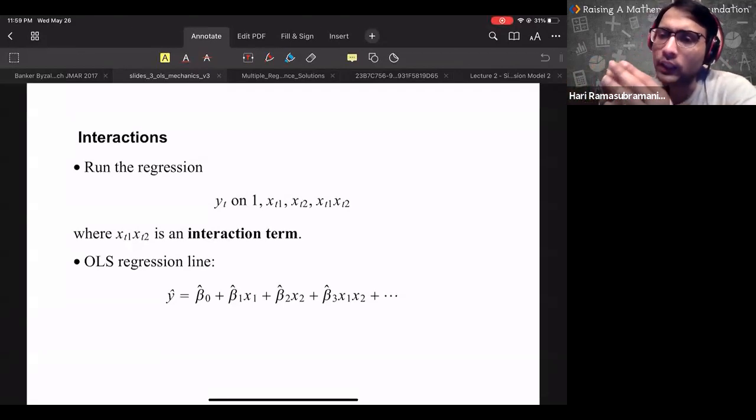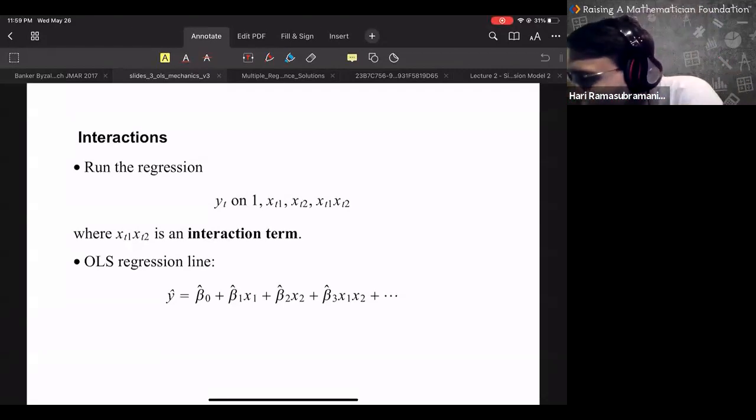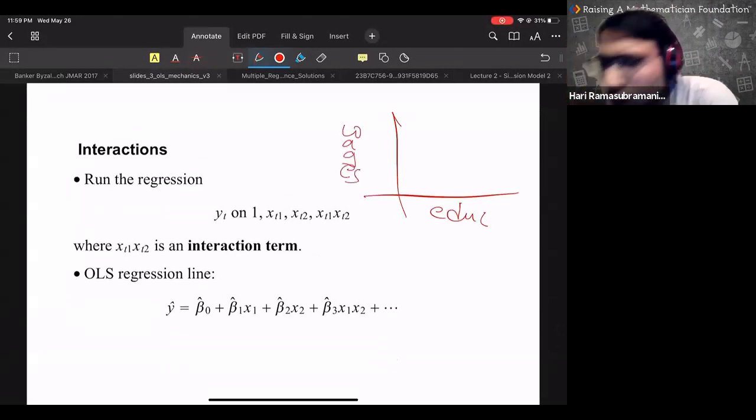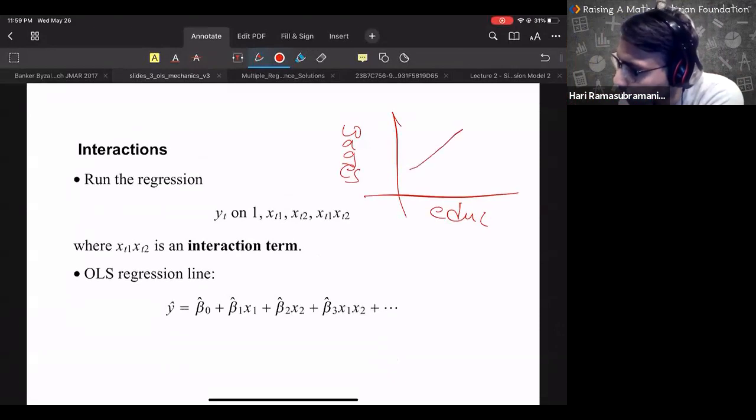So that means the slope of that line, the relation between education and wages, this relationship is, there are two lines. One is for males and one is for females.